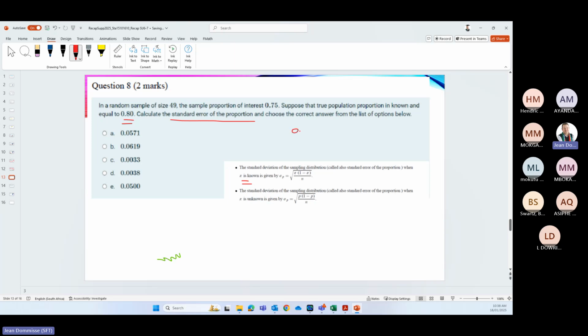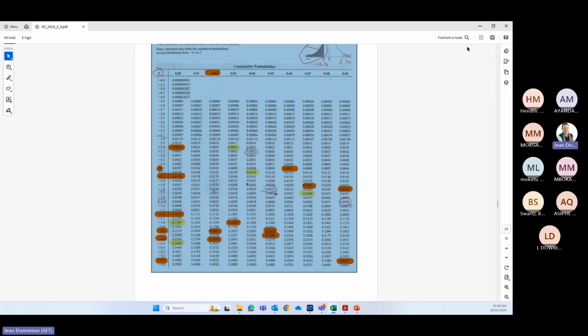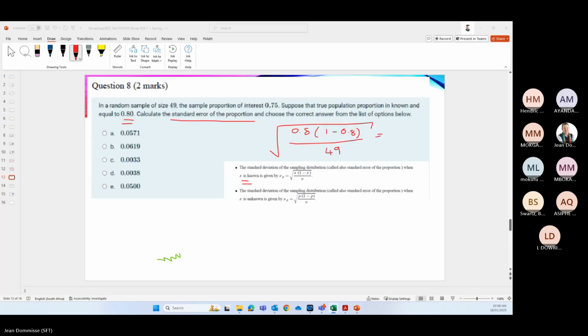So we're going to use that formula. And so again, let me just get my Excel. So I'm just going to work it quickly out again.